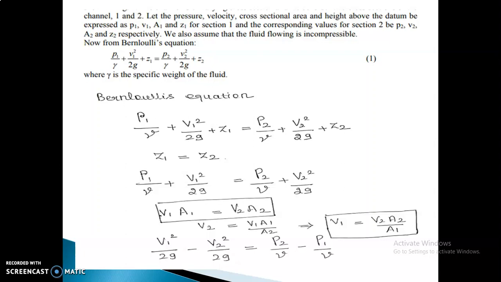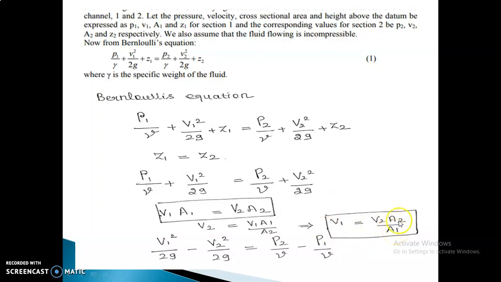If the fluid is incompressible, then V1A1 equals V2A2. So from this expression, you get V1 equal to V2A2 divided by A1.